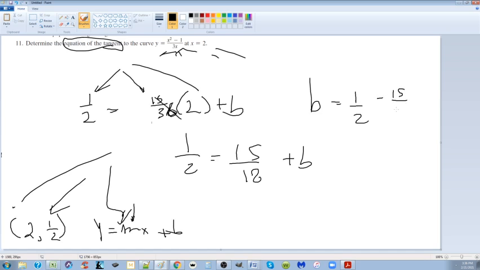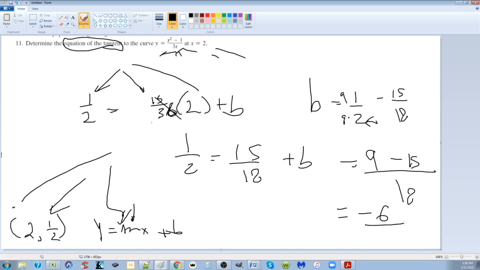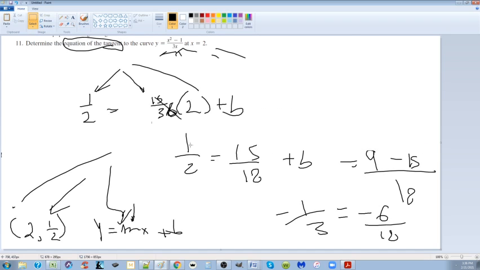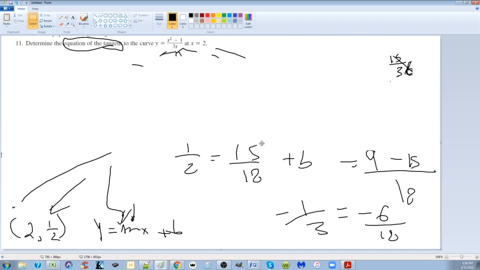Looks a little sketchy, but we'll see. The only way I can subtract these is to put this as a number over 18. So I multiply it by 9. I get 9 minus 15 all over 18, which is minus 6 over 18, which is minus 1 over 3, which means I can rewrite the equation of my line, keeping my slope as 15 over 36.